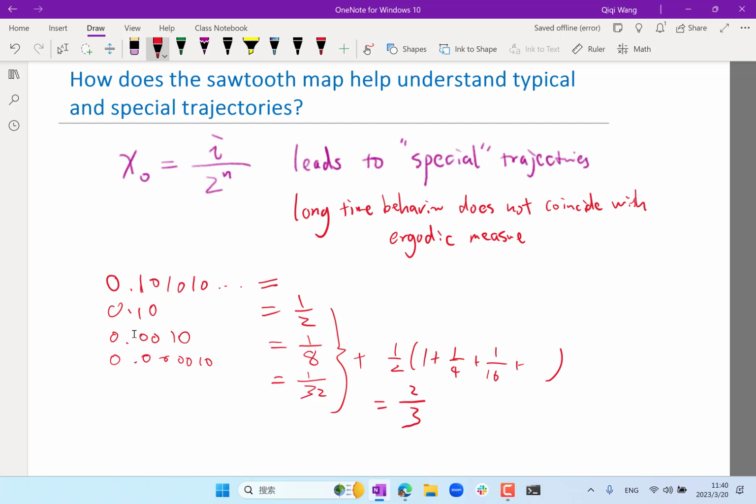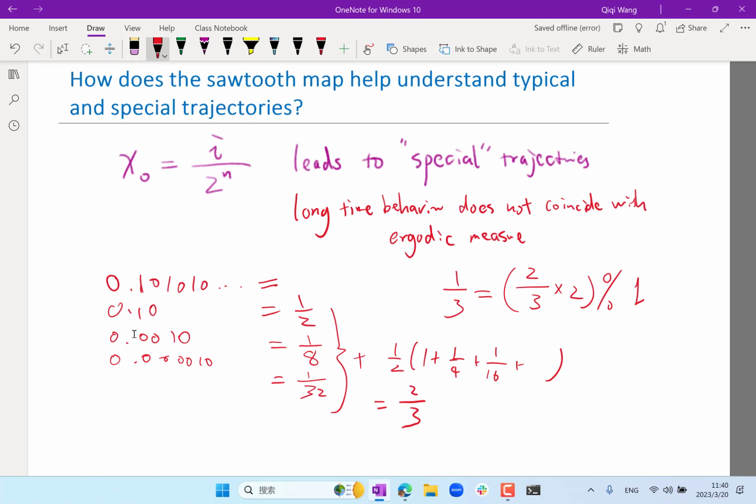All right, good. So if you have 2/3 and you follow, what is 2/3 times 2 mod 1? Well, 4/3 mod 1, you get 1/3. And what is 1/3 times 2 mod 1? 2/3.